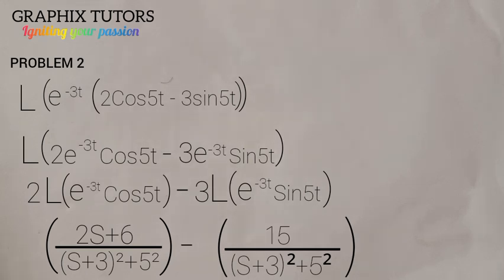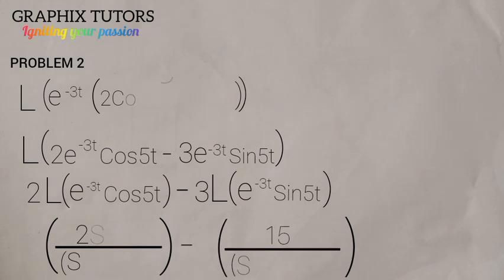Is that taken? So that is the answer to that question. So we say that the Laplace of e to the power of minus 3t into bracket 2 cos 5t minus 3 sine 5t will give us 2s plus 6 all over s plus 3 all square plus 5 square minus 15 all over s plus 3 all square plus 5 square. So that is our answer.